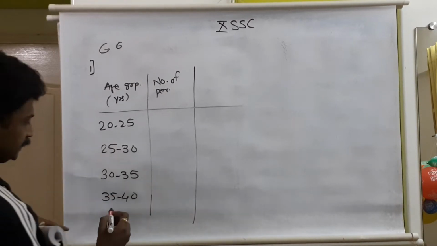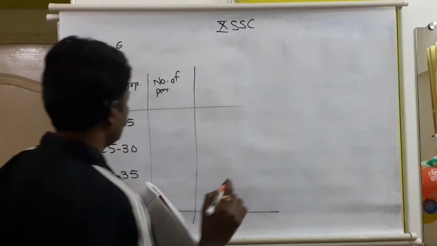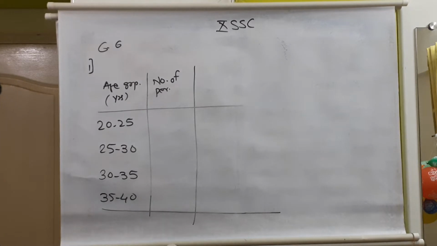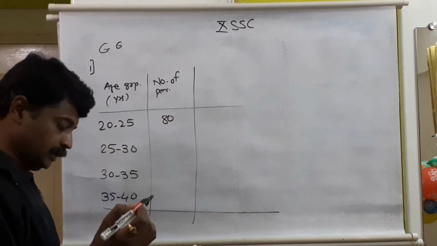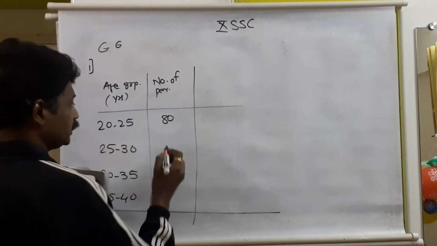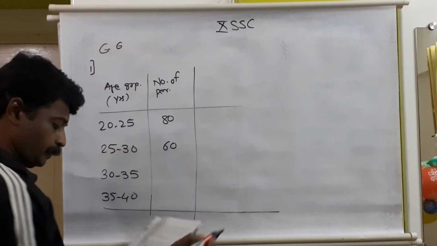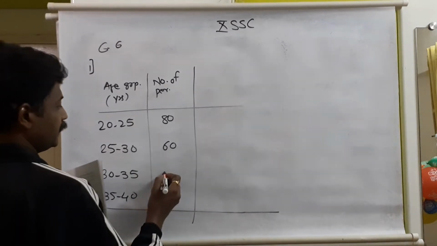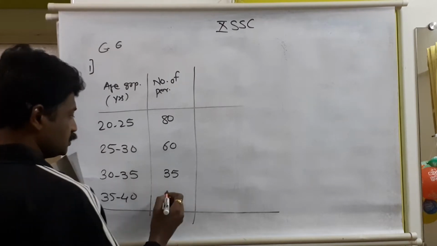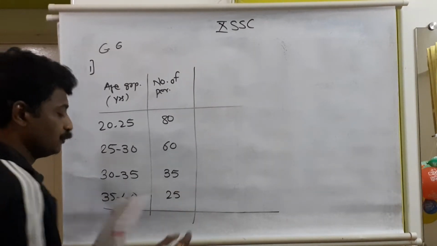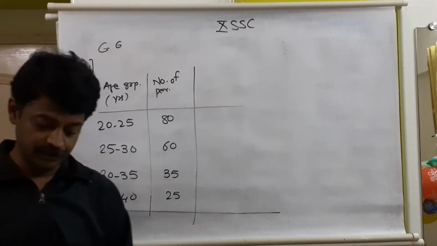So there are 4 classes. Now frequency: in age group 20 to 25, 80 persons donated blood; age between 25 to 30, 60 people; 30 to 35, 35 people; and 35 to 40, 25 people. We want to convert this information into a pie diagram.